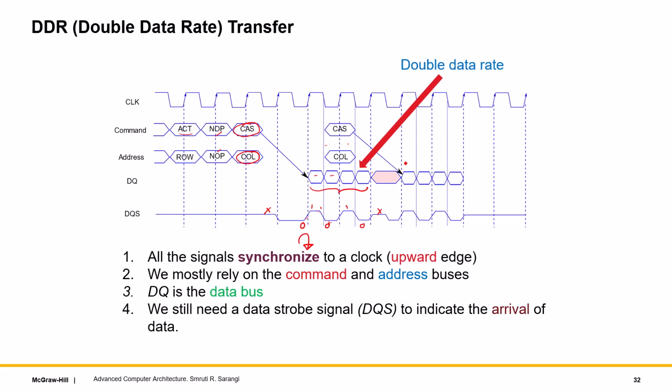Taking effect means that when you send the command, it is buffered on the other side. Then you wait for the existing operation to finish, and then the column mux and demux are changed, the columns are activated. That is why we have one idle cycle here for the read process to finish, and once that has happened, the new set of columns are activated, and a new data transfer begins.